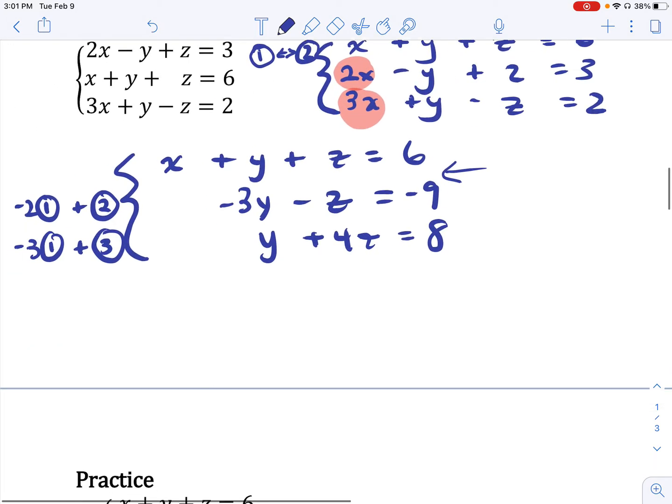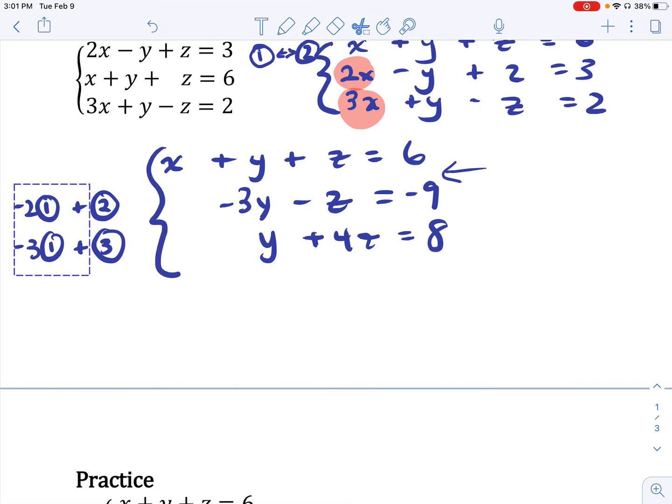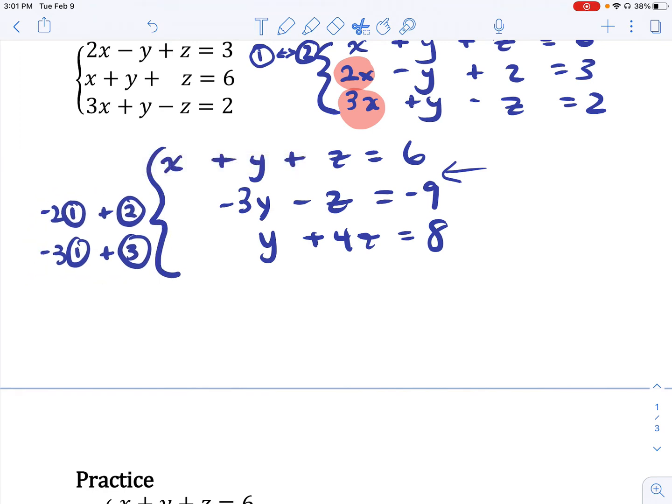And what that just means is in my row operation, let me make a little bit of space, I want to make sure that I indicated that I divided everything by negative 2, which is equivalent to multiplying all of this by negative 1/2. So I multiplied it by negative 1/2, and the result of my row operation is what we have here. Okay, so let's take a look at what we have so far.